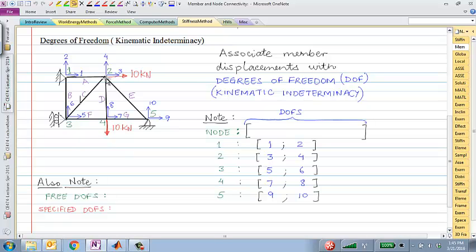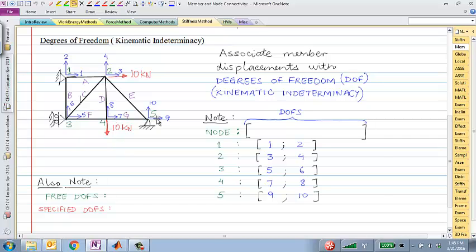And the way we handle that is by actually just assigning degrees of freedom to each node. Node 1 has degrees of freedom 1 and 2. Node 2 has 3 and 4 and so on. So you should be able to see that node 1 has 1 and 2, node 2 has 3 and 4, node 3 has 5 and 6, and 7 and 8 and 9 and 10 and so on.